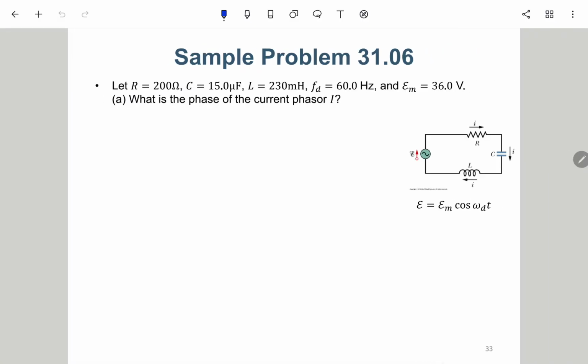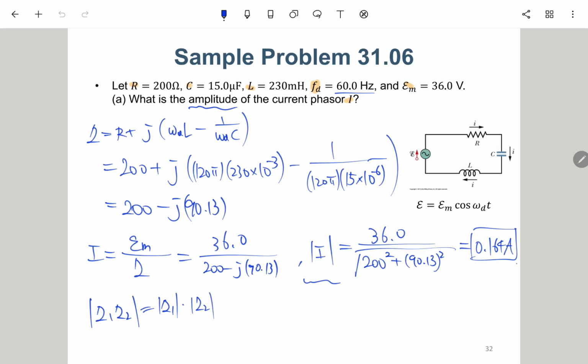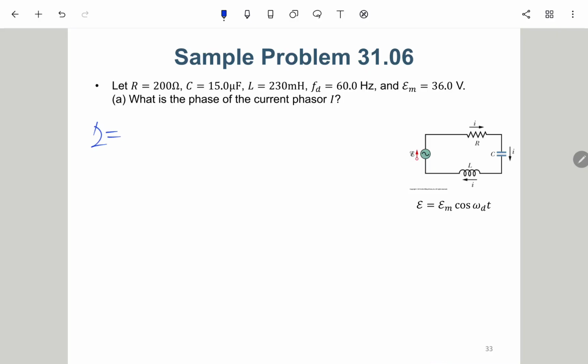So it asks what is the phase of the current phasor I. For the current phasor, just now we have Z to be 200 minus J 90.13, so just recalling this result, phi will be arctangent of negative 90.13 over 200, the imaginary part divided by the real part.